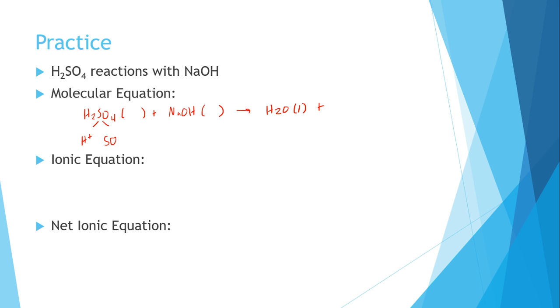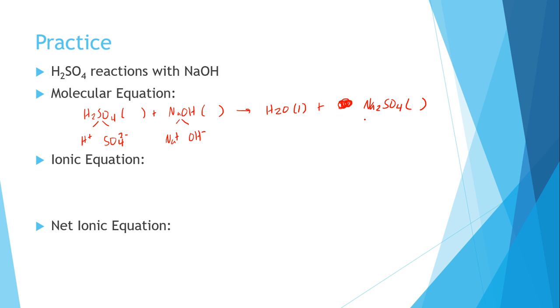First, again, remember you always split it into the ions to find the product, if you're still having trouble visualizing that and doing that in your head. So here, what's left is my Na and my SO4 2-. So I go ahead and cross my charges. So I get Na2SO4.